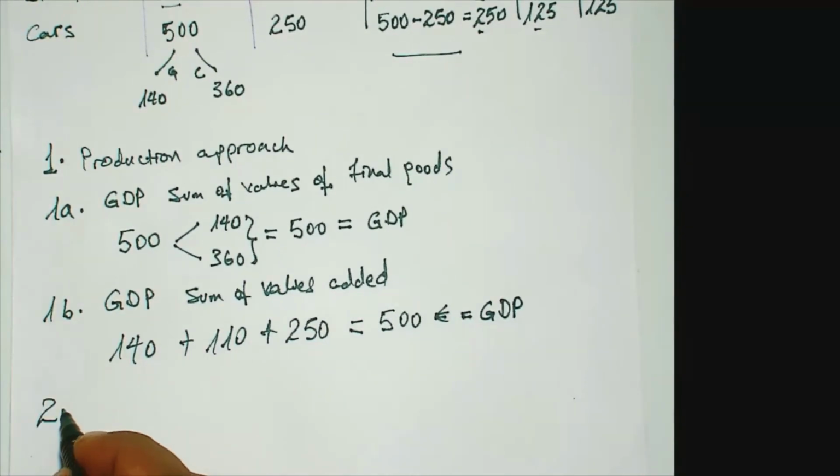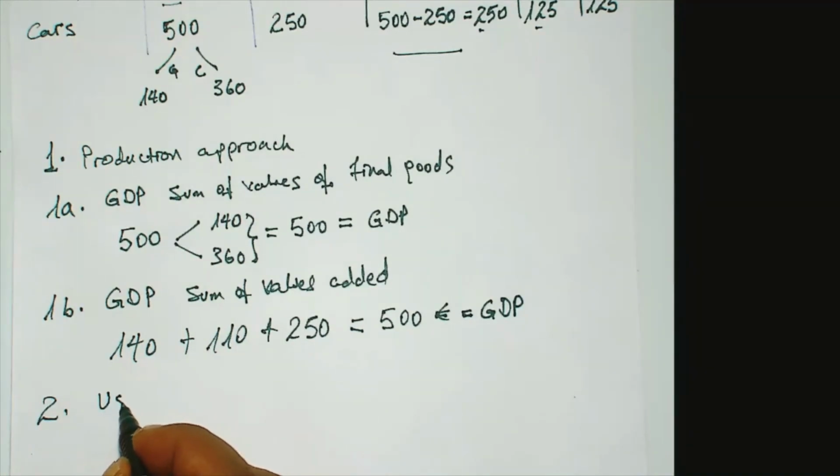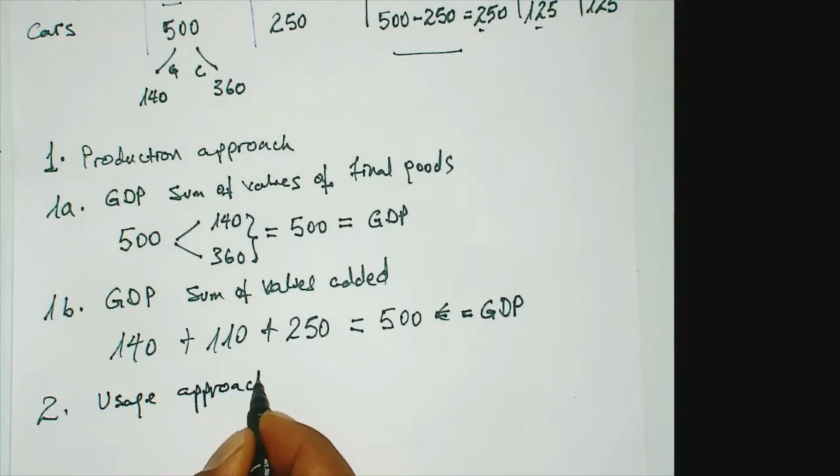The second approach that we want to calculate GDP with is called the usage approach. In the usage approach, you might remember again, cars are sold to the government for 140 euros and to the consumer for 360 euros.